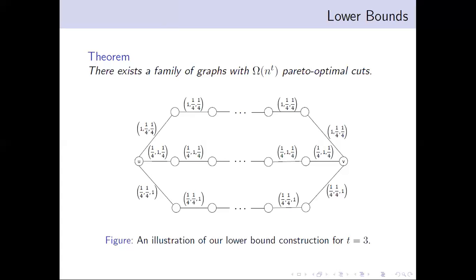Then any cut that includes exactly one edge from each of these paths will be Pareto optimal, because they're the only cuts that have a cost strictly less than 2 under every cost function. The number of such cuts is n over t to the t, which is omega n to the t.